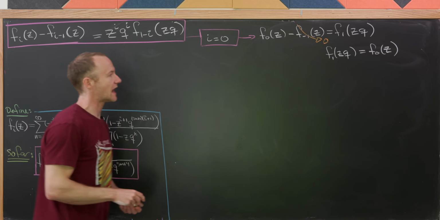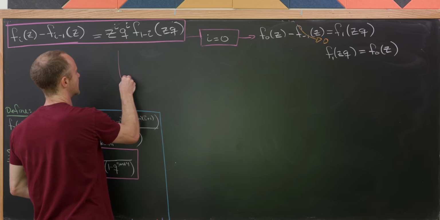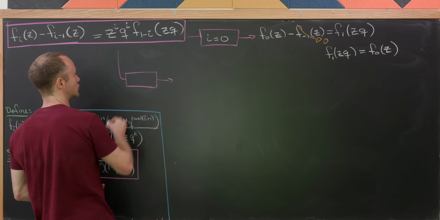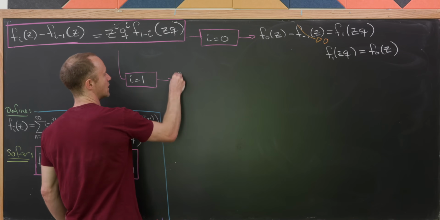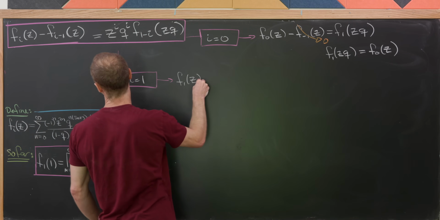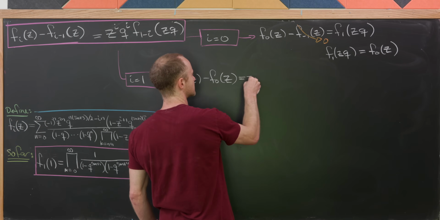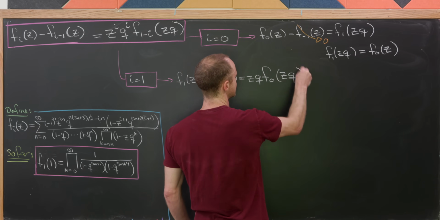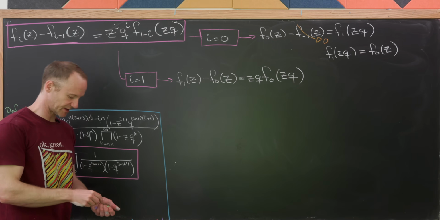Okay, and now, well, let's specialize this another time where now we'll pick the case when i is equal to 1 and see what we get out of that. So if i is equal to 1, we get f1z minus f0z equals z times q times f sub 0 of zq. But now, well, we can make some replacements.